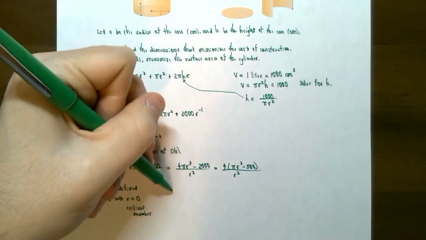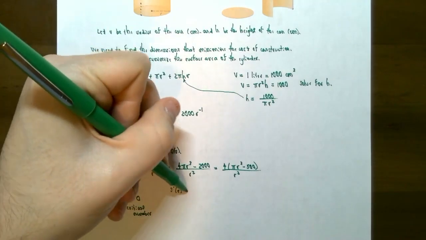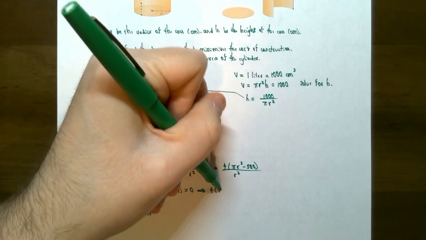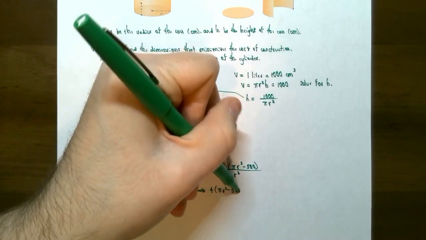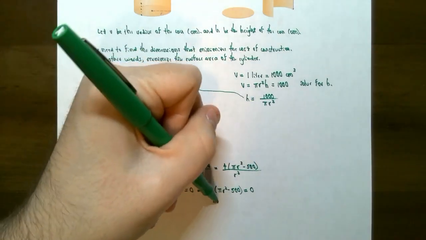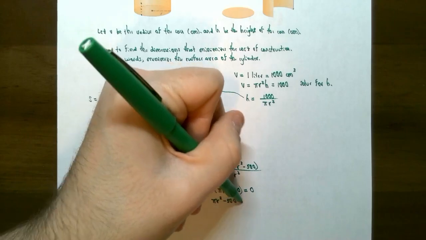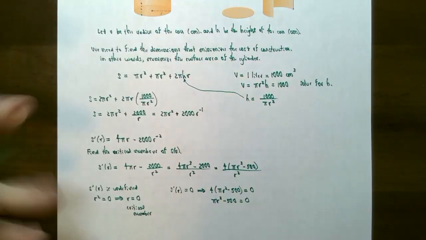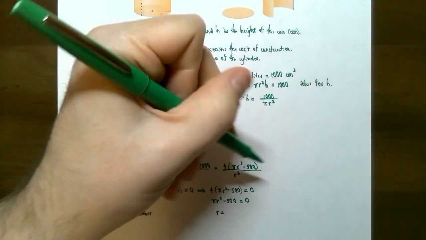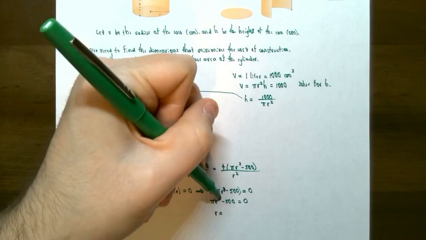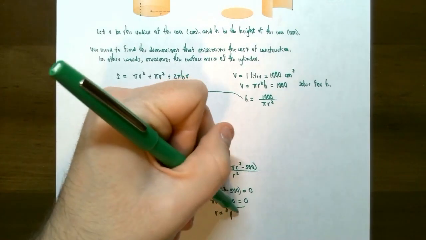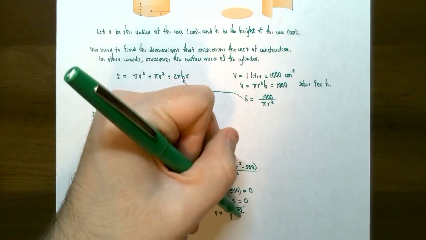But then you also have critical numbers where the derivative is equal to 0, which is when the numerator is 0. So ignore the 4, that will not come in with the critical number. If you solve for r, you're going to find that r is, that's the third power, not 2, you're going to find that r is the cube root of 500 divided by pi.